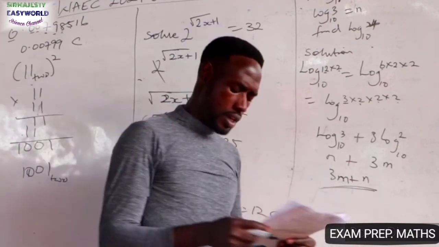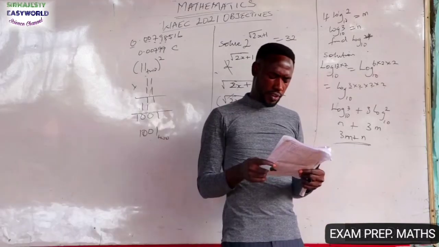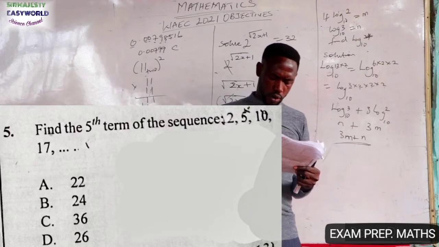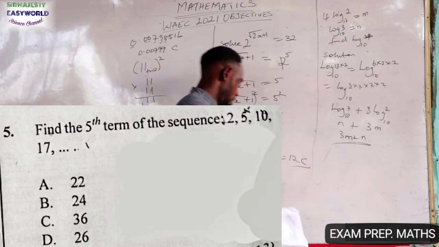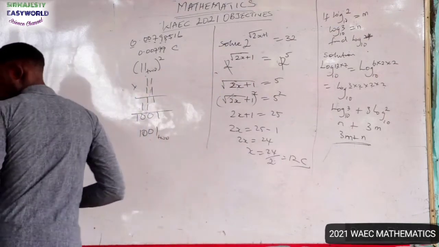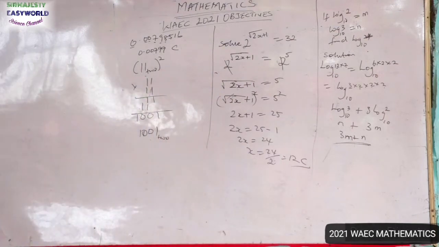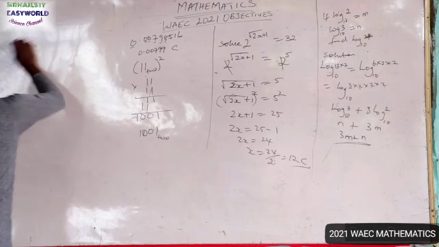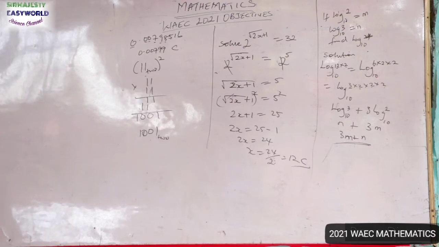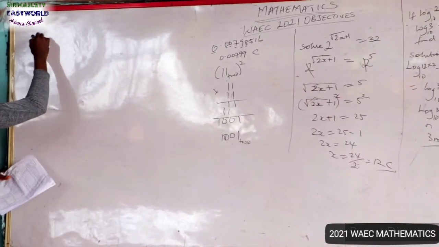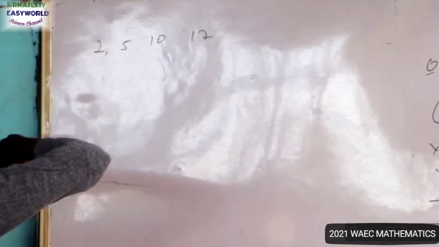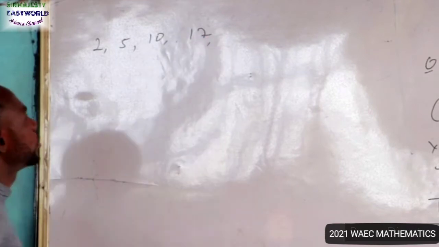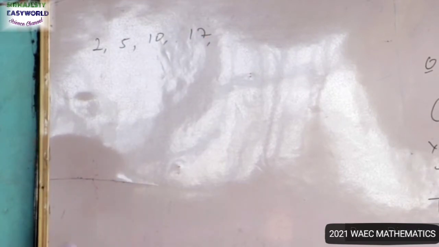is the answer. Then the next question, question number 5, says find the fifth term of the sequence 2, 5, 10, 17. In this type, I wouldn't know the accurate formula, but you use your discretion to check the rate at which it is varying.